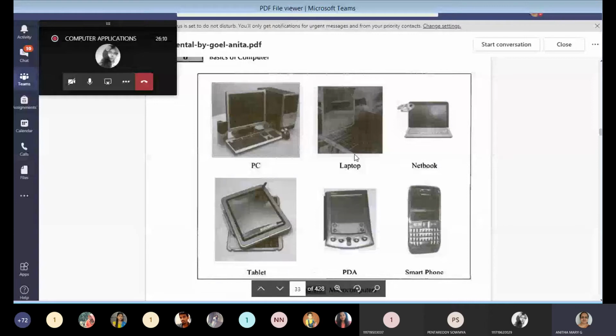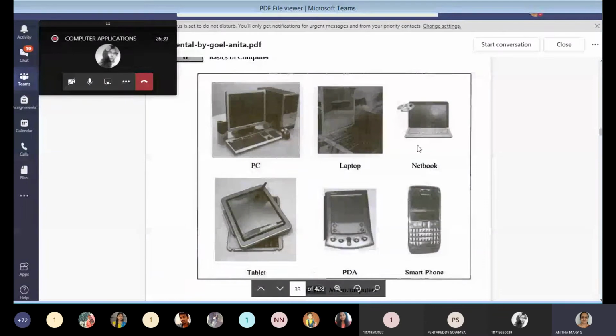We can also have battery backup, the functionality of the desktop, and laptops can be placed on your lap. These are a bit costlier than desktops. Compared with the previous one, laptops are bit costlier machines.